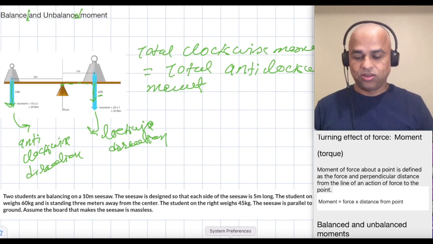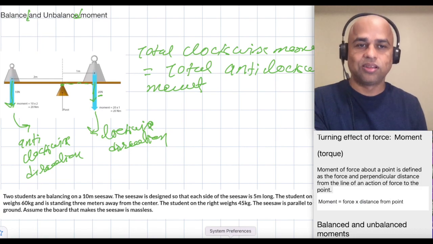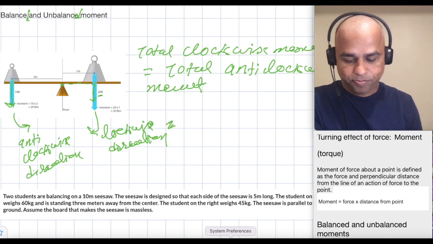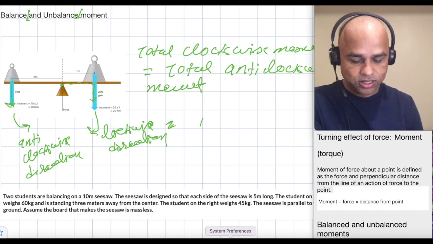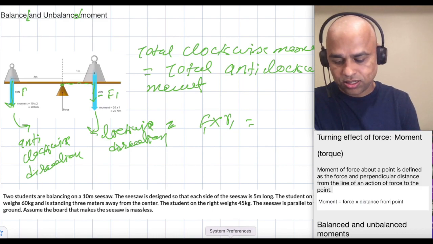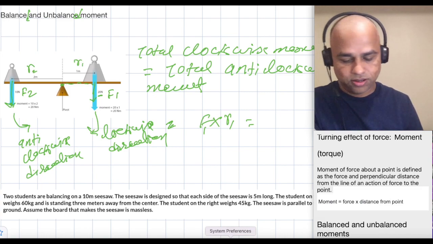Now we are going to calculate it. What is the clockwise moment? Let's calculate the clockwise. Force times distance. Let's say this is F1 and this is F2, this is R2 and this is R1.